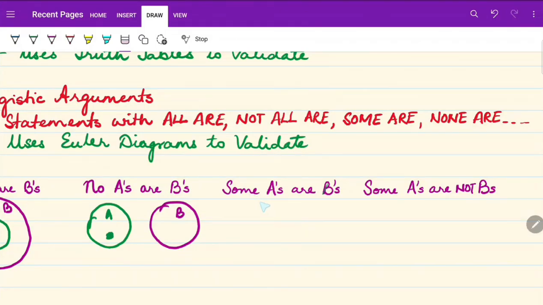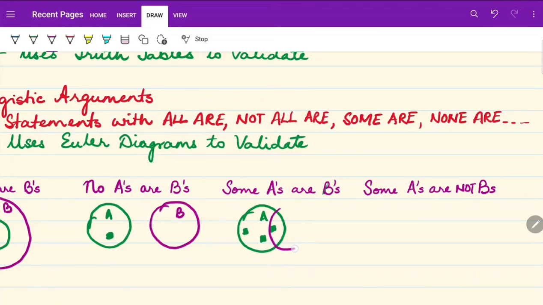How about the next phrase, which says some A's are B's? What this means is there are some elements within A which could be a part of B, but not all of them. The way we will represent this with an Euler diagram is we'll draw our circle for A with its elements. Let's put some more elements here. Some A's are B's means there could be some elements within A which also are part of B. So there would be an intersection involved.